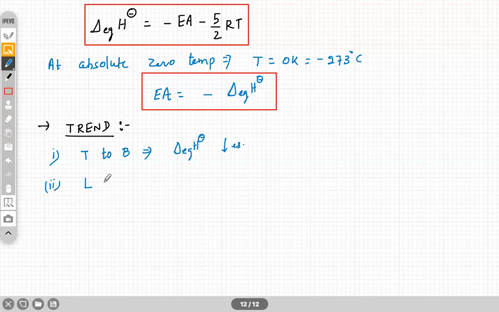In a period, if you go left to right, delta Eg H naught increases.